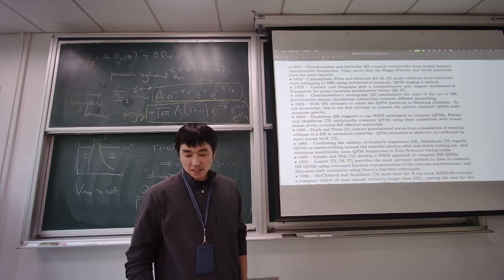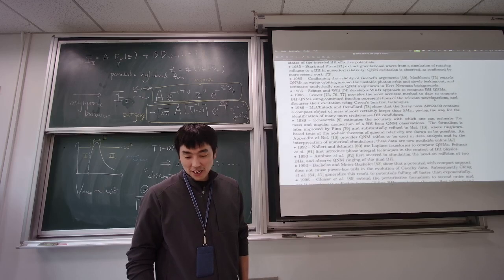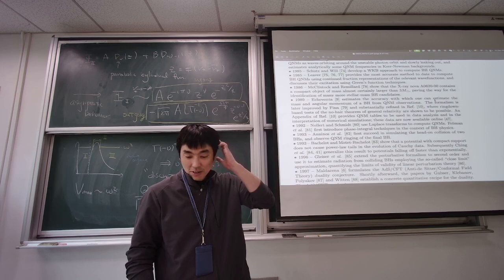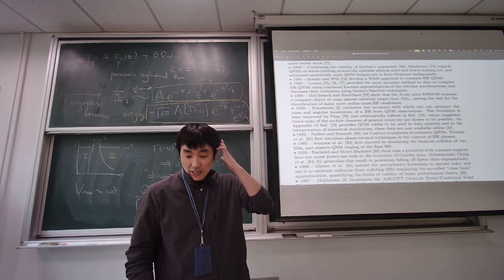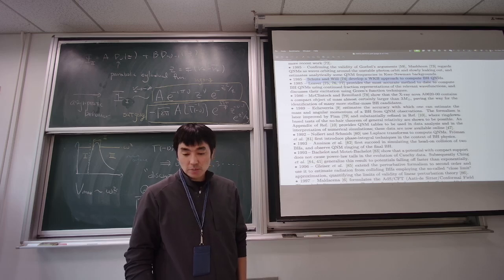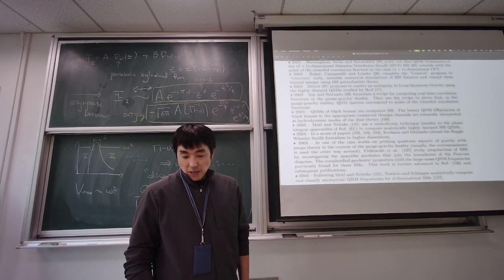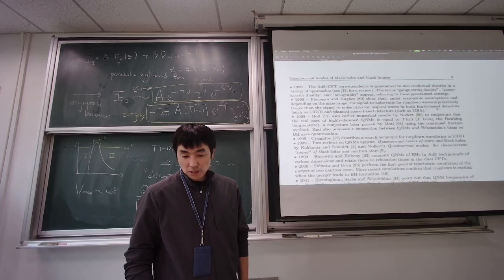And then there are many developments. I'm not going to go into the detail, but in 1985 Schutz and Will developed the WKB approach to black hole quasi-normal modes and so on. There are many things that happened in later times, even in recent times.